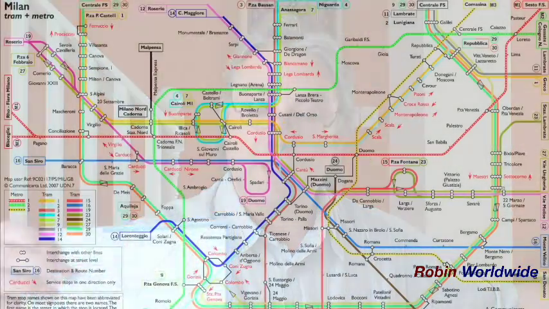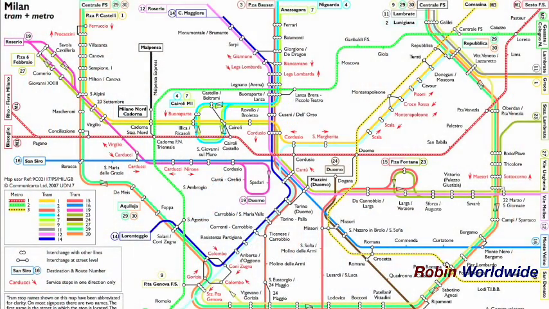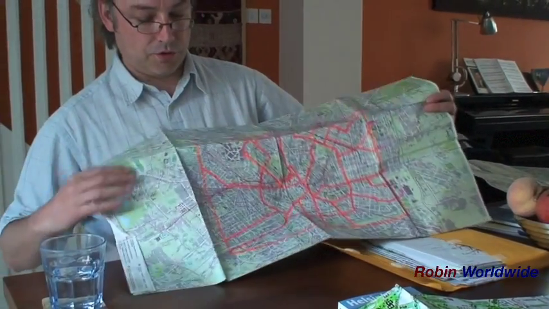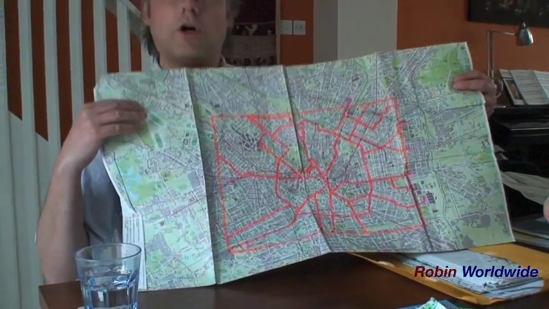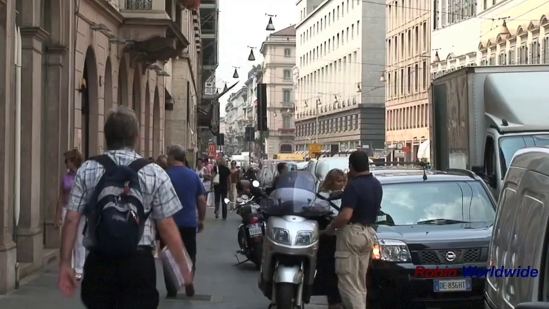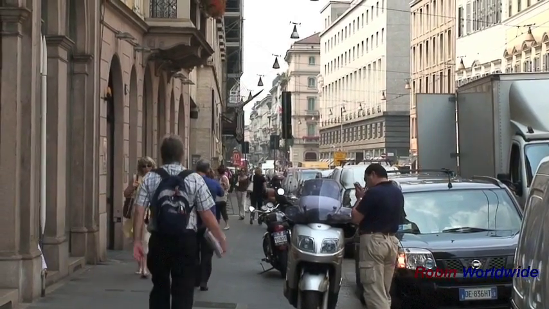The first process to go through in order to design this kind of map, this is Milan, would be to do initial research. Here, excluding the square around, all of those orange lines have actually been walked by me in this particular case.